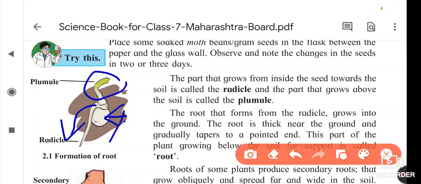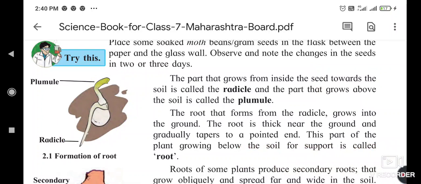So the part that grows from inside the seed towards the soil is called the radicle, and the part that grows above the soil is called the plumule.